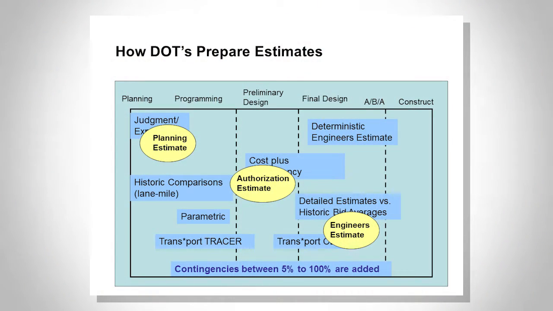So how do states prepare documents? Well, again, at the top is sort of the cradle to grave process, just different wordings, different headings. But notice there's the judgment, experience, planning, programming. You get into cost plus consistency at the PE phase, preliminary design. Eventually trying to get to the engineer's estimate as you go to the advertise, bid, award up on the upper right to the eventual construction of a project.